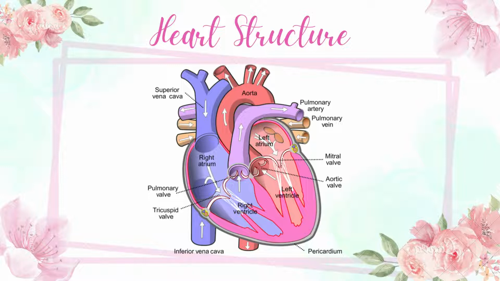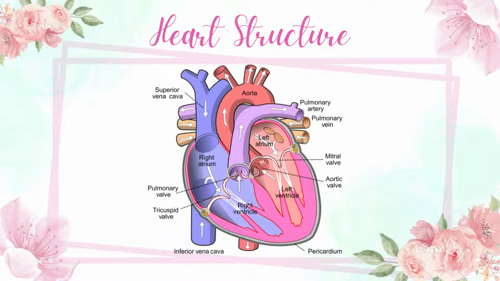When it contracts, the blood flows into the right ventricle. When the right ventricle contracts, the pulmonary valve gets opened up and the blood flows through the pulmonary artery and it goes to the lungs for purification. So this is the first part of the cycle.